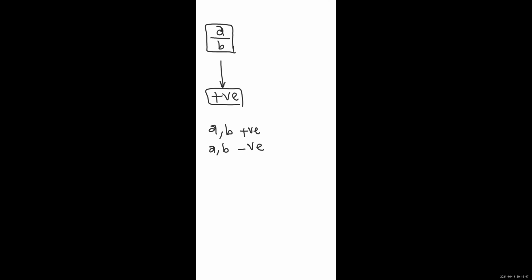Like 2 over 3, this is positive. Also negative 2 over negative 3 is positive. So if a and b have the same sign, the number will be positive. Okay?